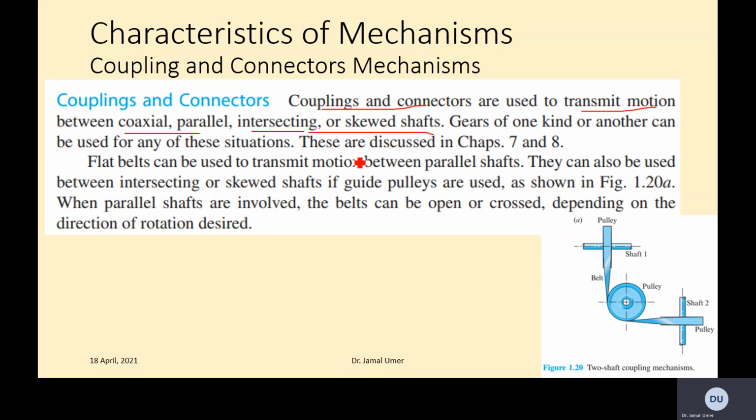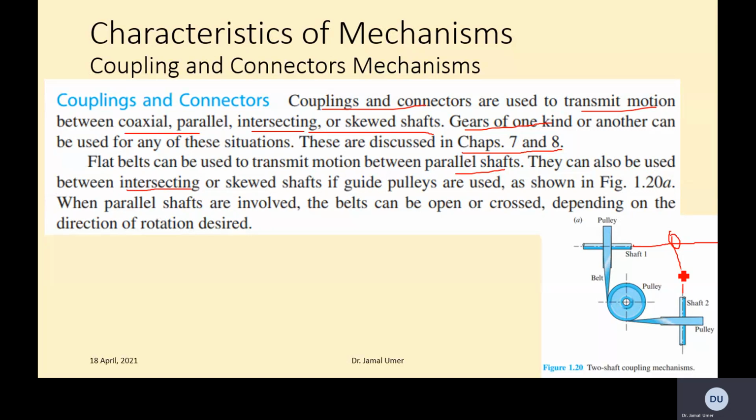Flat belts can be used to transmit motion between parallel shafts. They can also be used between intersecting or skewed shafts if guide pulleys are used. So this is one of the examples, which is basically intersecting shafts. What does it mean? You have one shaft here, and this is another shaft, so they are intersecting. That's why they are termed as intersecting.